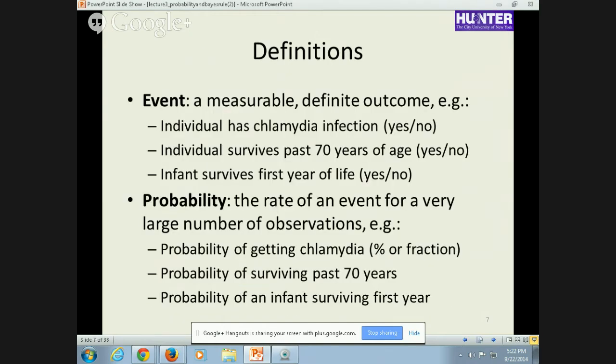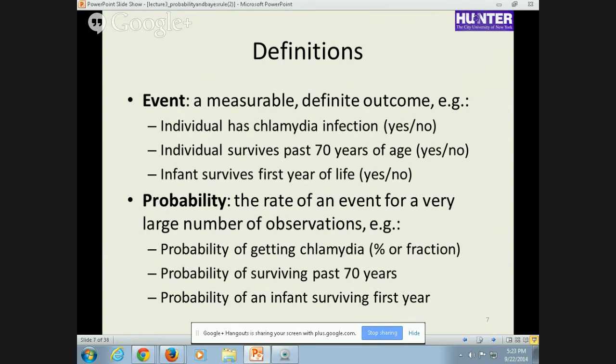Okay, so a couple more definitions before we move on. An event is a definitive outcome, like the result of the PCR test. There may be a random component to determining it, but after it is done, it is yes or no, or something like that.